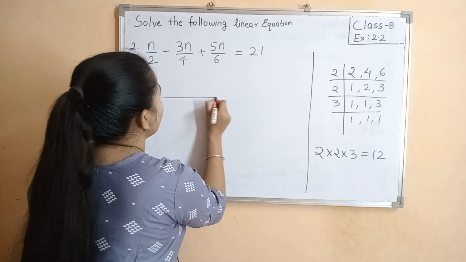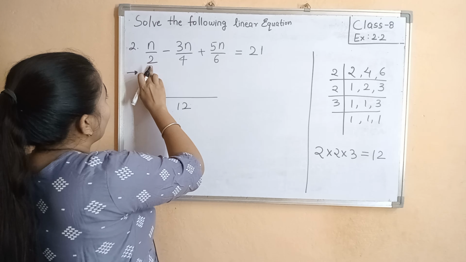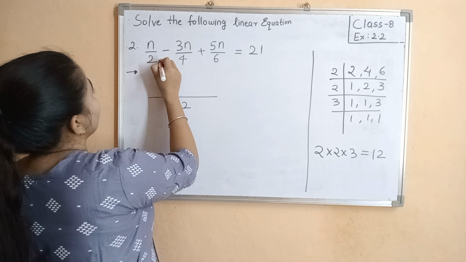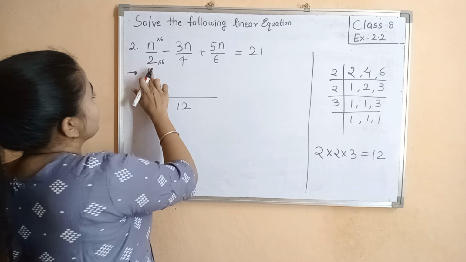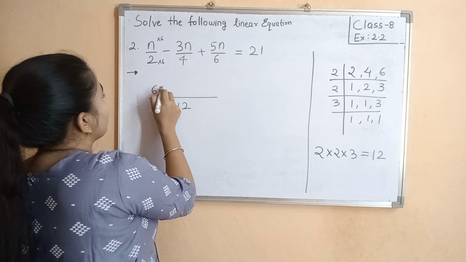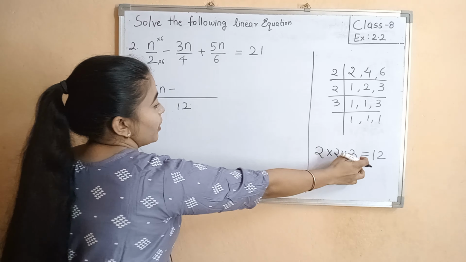Now what will we do? We will write 12 in the denominator of all of them here. Now, what is required to make this 2 into 12 is multiplication by 6, upside multiplied by 6 and downside. So 2 sixes are 12. Here will come 6n, and the sign is minus. Again this 4, and we have to make it 12.